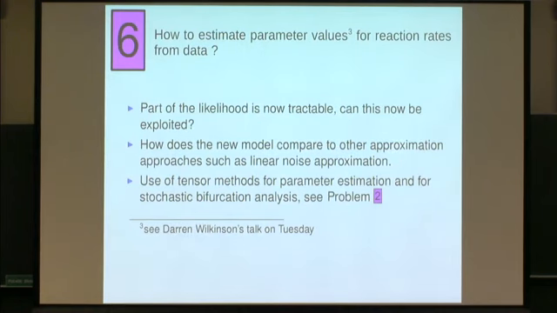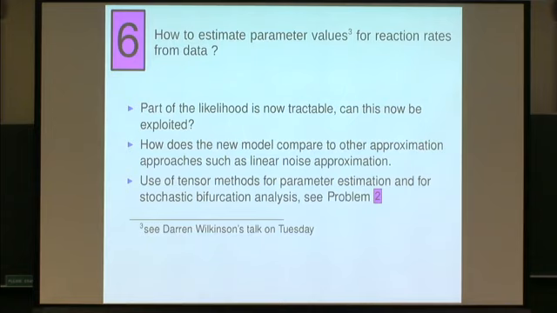So the last slide and the last open problem, which in a sense is not an open problem, as there are a lot of people working on this, but it's a very challenging problem. And I think it's also a very important problem, in the sense that we can sit down and do our little mathematical models and our stochastic simulations, trying to describe systems.